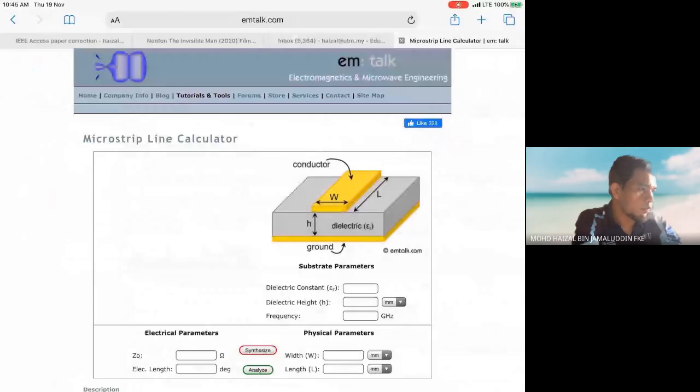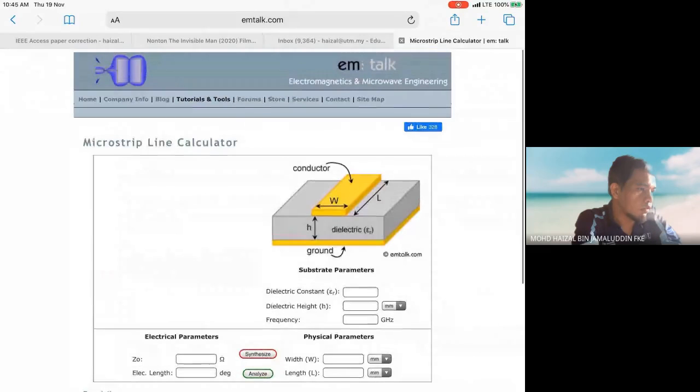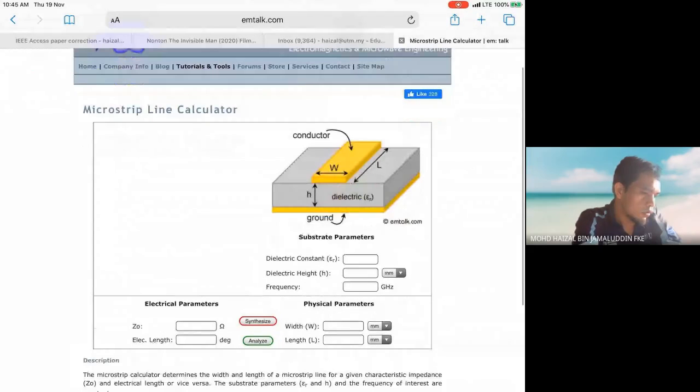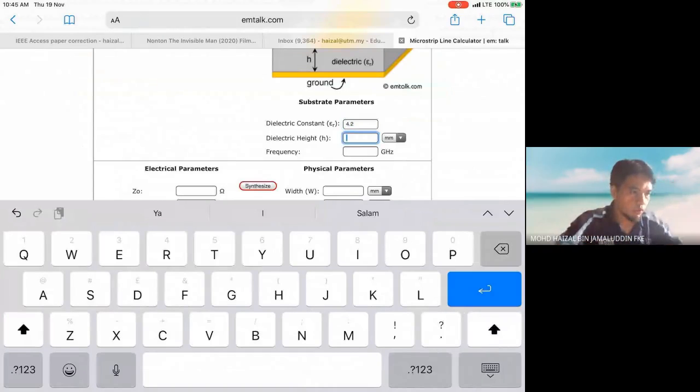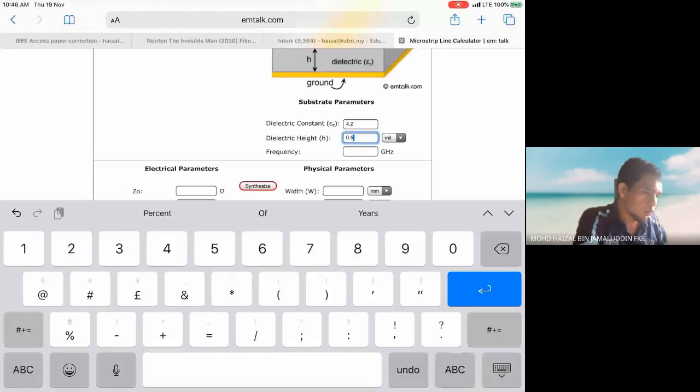This example was taken from emtalk.com. You can include the dielectric constant, for this case is 4.2. For example, the thickness, in this case 0.5 mil, and you are designing at 2.5 gigahertz.